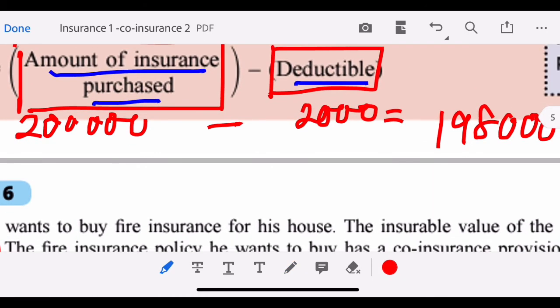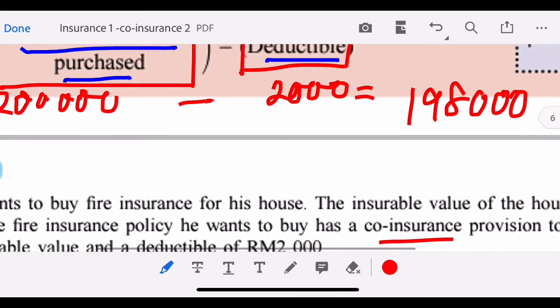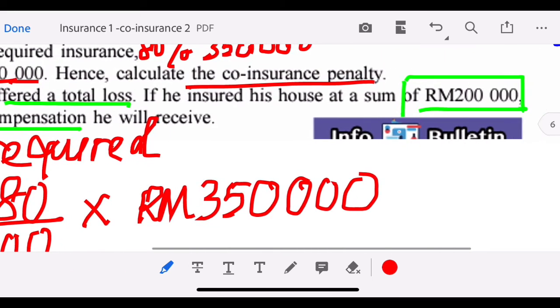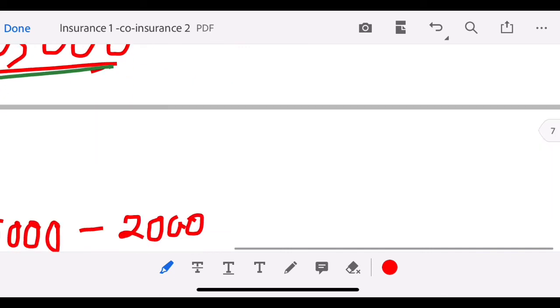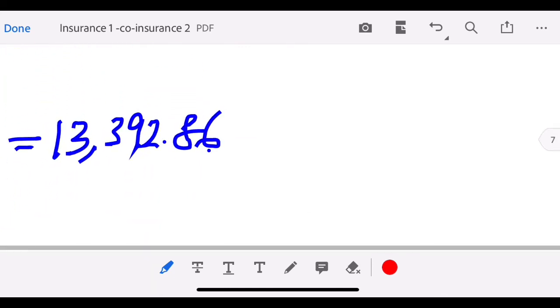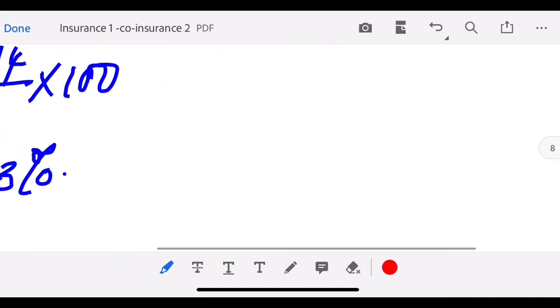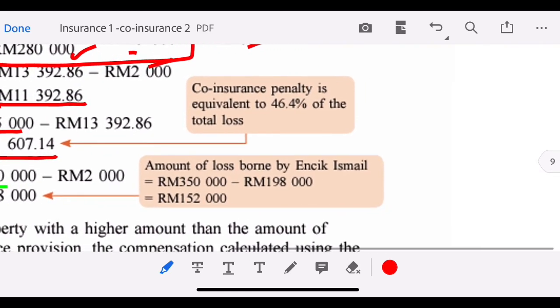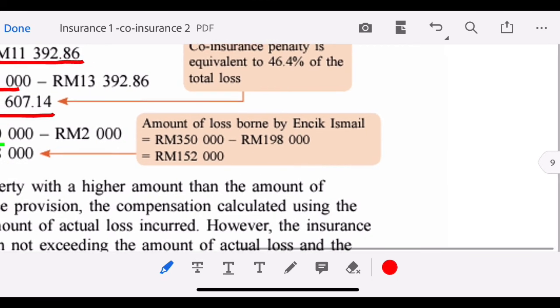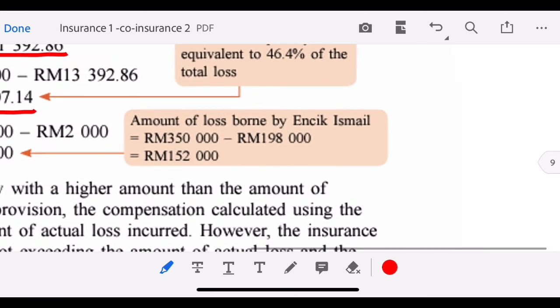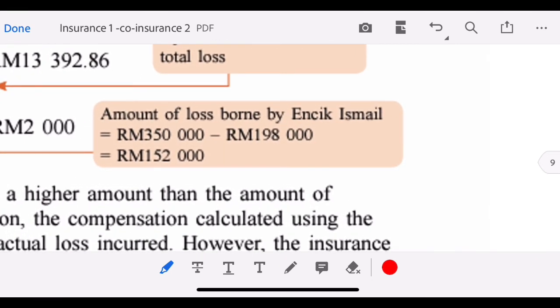Okay, so the total loss suffered by Encik Ismail, let's see. We need to know how much is the loss borne by Encik Ismail. The loss borne by Encik Ismail is 350,000 minus 198,000.